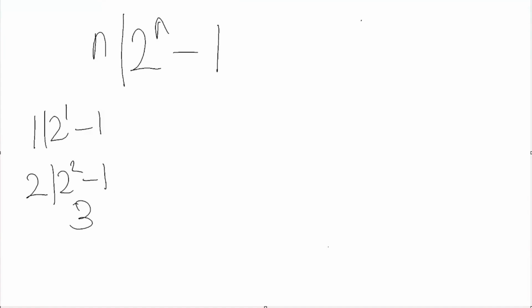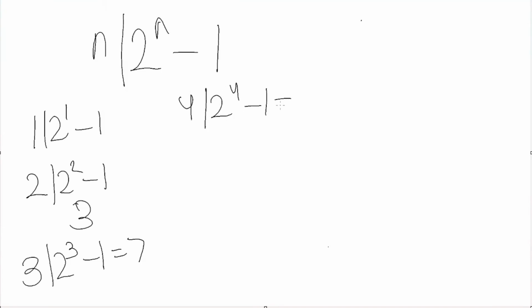And what about 3? We got 3 divides 2 cubed minus 1, which is 7. Again, not true. What about 4? 4 divides 2 to the 4th minus 1 equals 15. Once again, not true, because this one is even, this one is odd. In general, this one will always be odd, so that requires n to be odd.